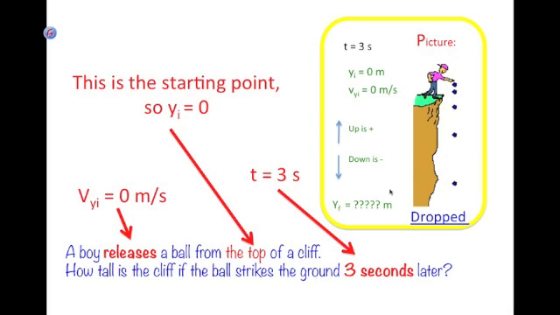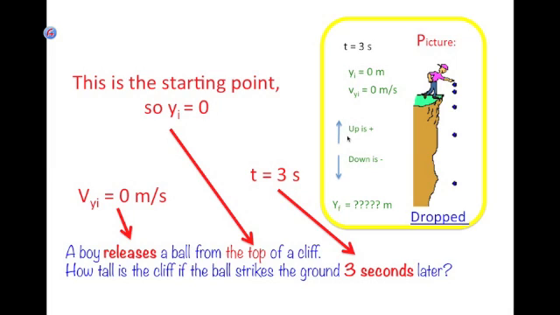So here's a picture. You need to make sure that you have a picture that looks very much like this on your paper. So go ahead and make these notes on your paper. You have added to the picture the starting velocity in the y direction as 0 meters per second, and the starting position yi is 0 meters.